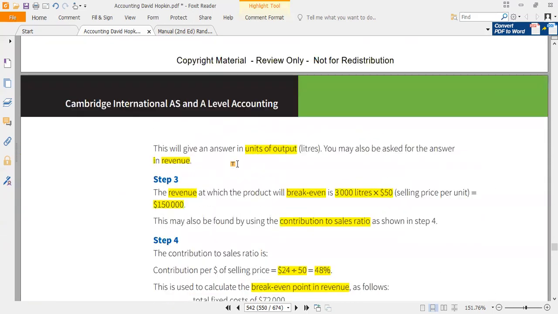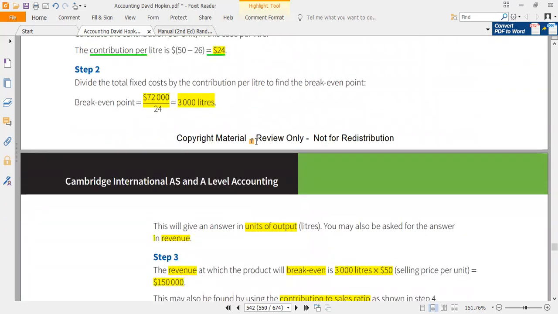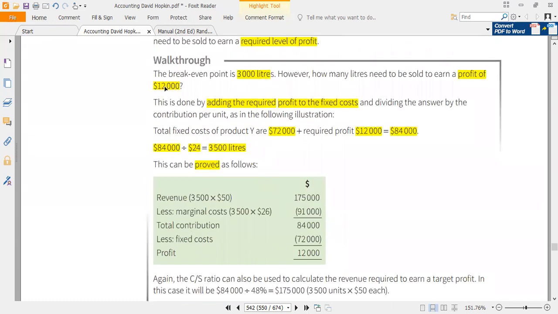The fixed cost in this question is 72,000 and the required profit is 12,000. You will simply add 72,000 plus 12,000, so you will get 84,000.